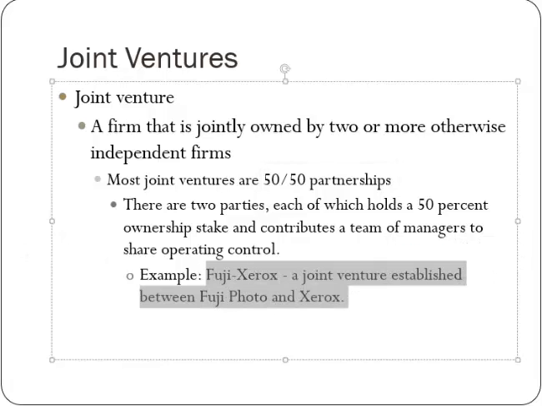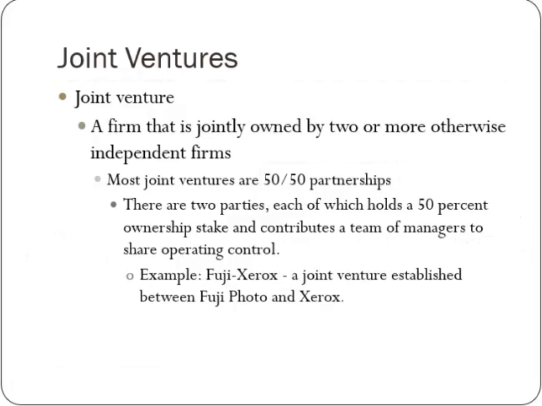Fuji and Xerox established a venture between Fuji Photo and Xerox, again just one example, to market something that's on the intersection between two companies. Google and Nokia. Who built Google's phones? Nexus. No, I'm sorry, that was the model. You see this a lot in general with these companies. A Google phone might be built by Motorola, which is kind of a joint venture where it's on the intersection of what the companies do.